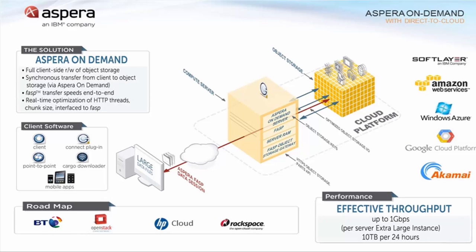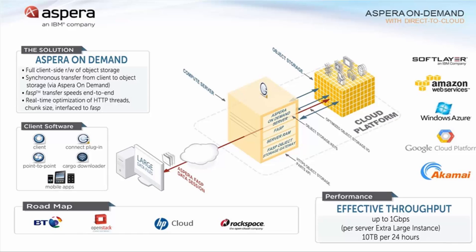So the way that we solve this is with Aspera On Demand, and this is when you're moving content into the cloud. This is a bit of an eye chart here, but if I walk through it, hopefully you'll understand a little bit more of what we've got going on. Aspera has a variety of client types that are available, and I'll get into that, but we have browser-based client types, we've got thick client types, we've got client types that allow automated download and upload, we've got mobile client types.